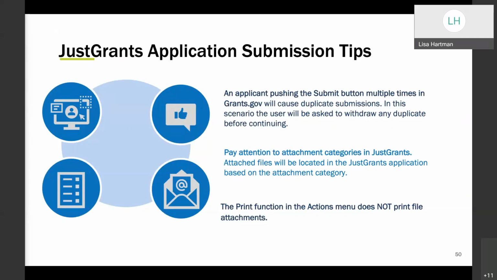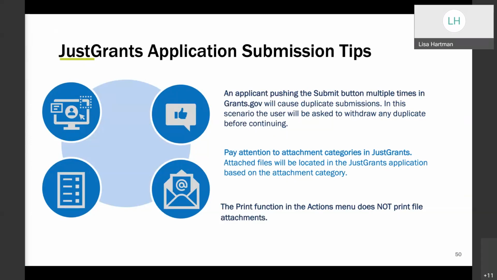So for instance, when you're in the budget and you're attaching a document, the attachment categories are going to be related to the budget. But if you're in the proposal narrative section, your attachment categories are going to be related to proposal narratives. So please just pay attention to that. That's one question that we get more than almost any other in the support group.